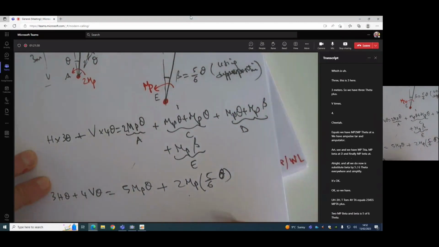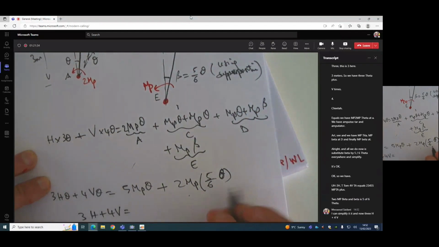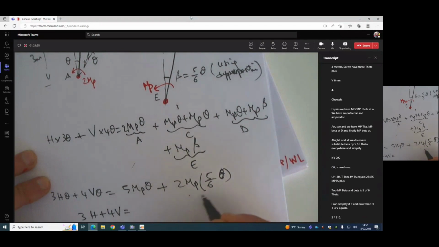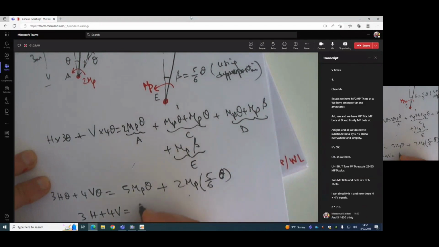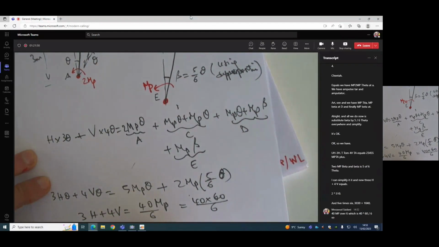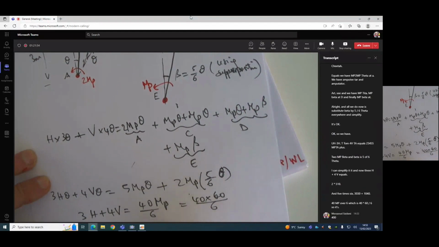I can simplify theta now. 3H plus 4V equals 2 times 5, 10, and 5 times 6, 30, 30 plus 10, 40, 40 MP over 6, which is 40 times 60 divided by 6. So it's 400.